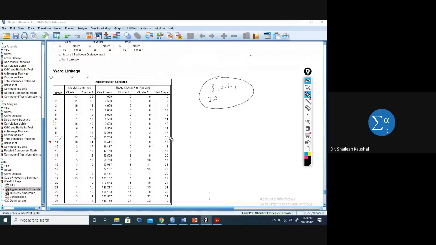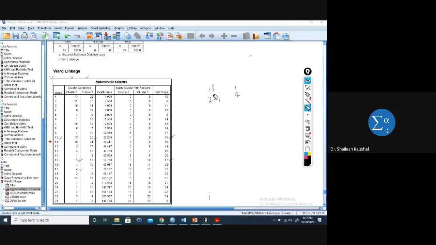Next, who will be the similar person at stage 15? Respondent number 5, since 13 is already there. And the next, 17: 4 is there, and we will include 4. This is how we combine people in a particular cluster.